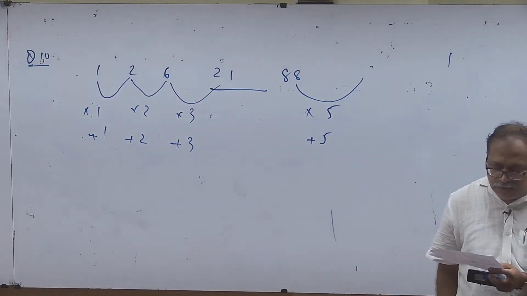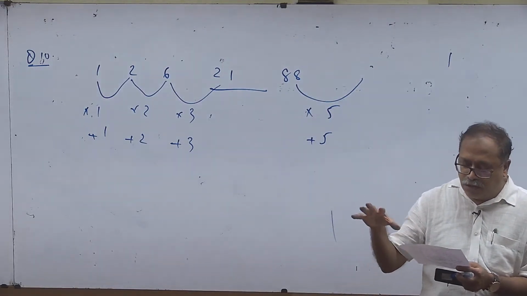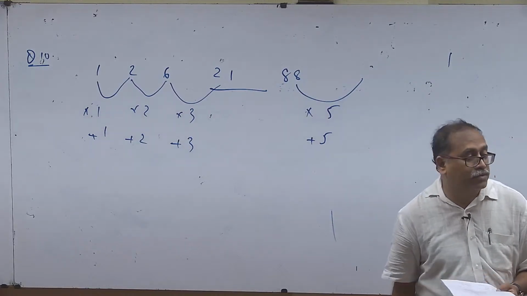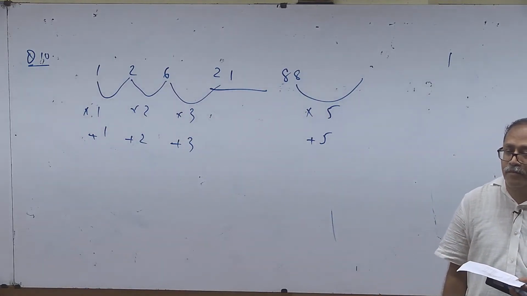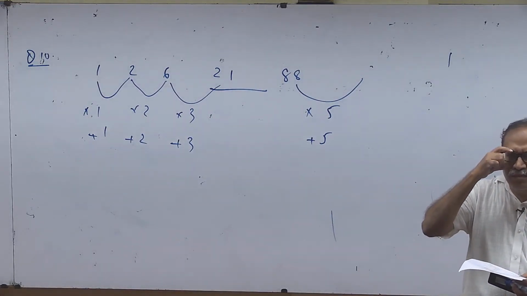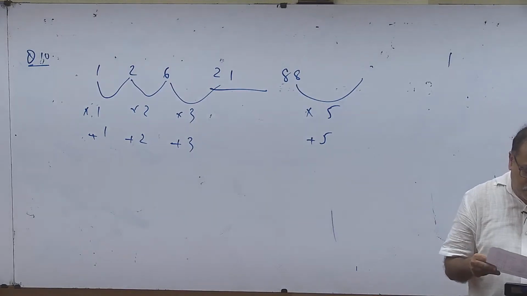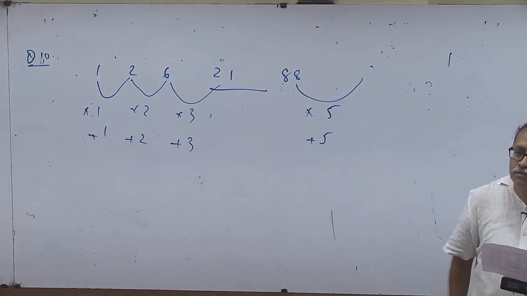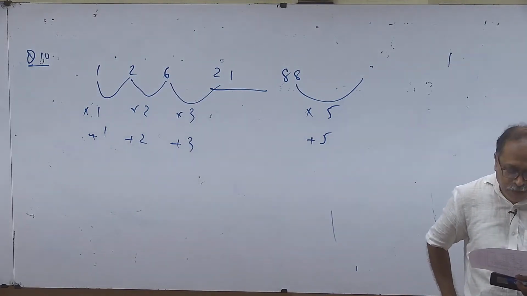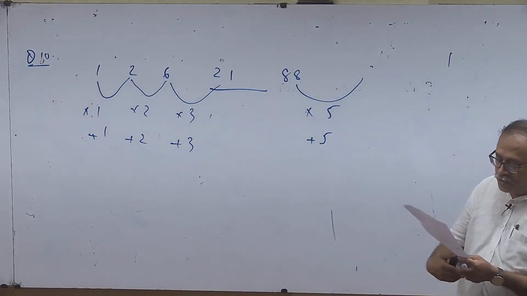4, 5, 6, 7, 8, 9, 10. 1000. Next one. Question number 3.